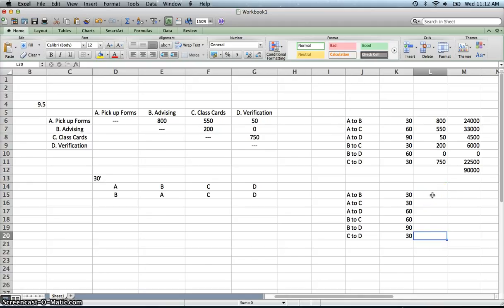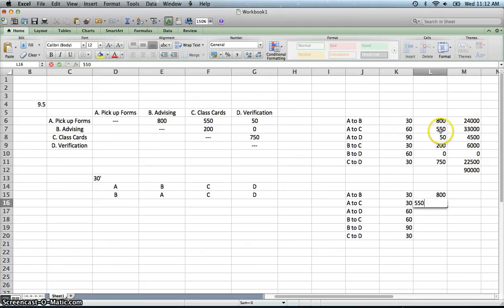if you look at the A to B here, we still have the 800. But the A to C, so the A to C is the 550. Now we've moved those closer than we had up above. So I want to point this out to you.